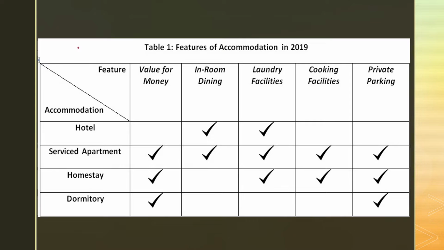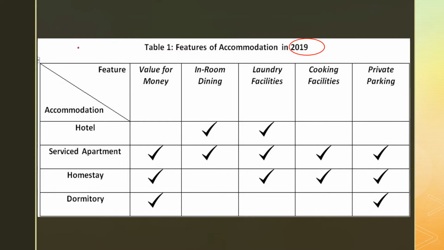Alright, let me bring you to the table 1. Features of accommodation. Okay, you are only to link the information to 2019 when you do your synthesis. Observe this time frame when you do your overview.